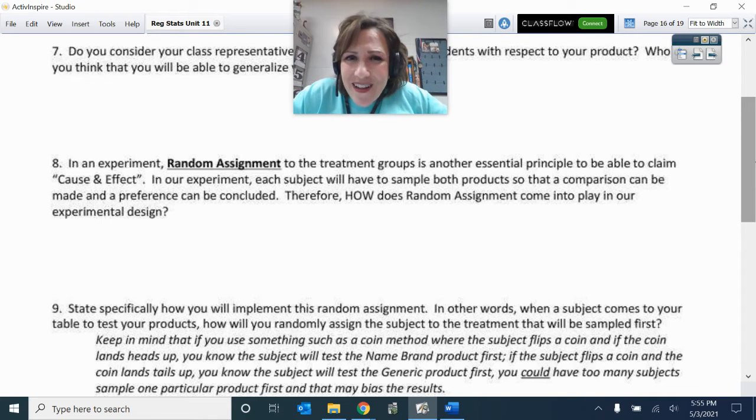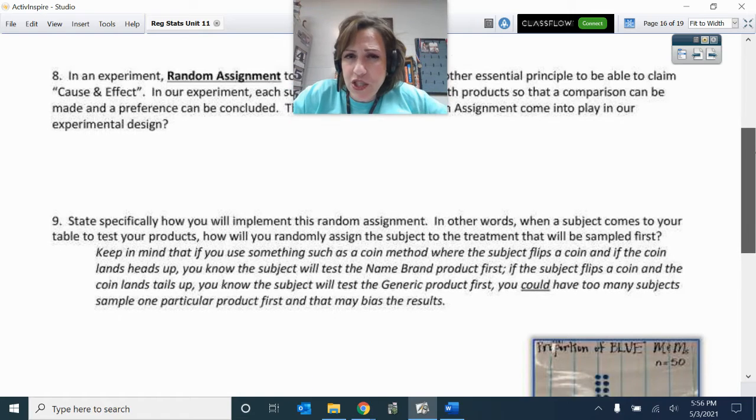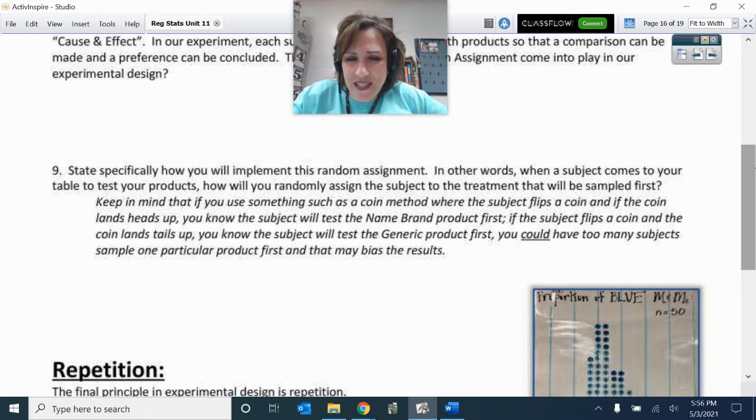So, how do you think we can have random assignment come into play in our experimental design if people are going to be using and sampling both products? I want you to think about that. How could there be random assignment? This next question might kind of lead you into that answer. So let's read that.